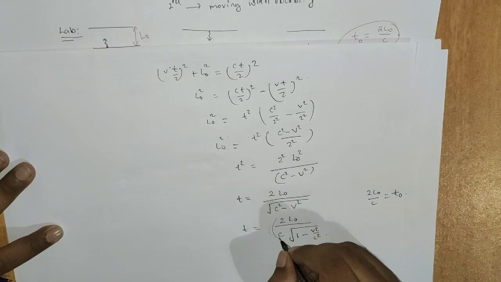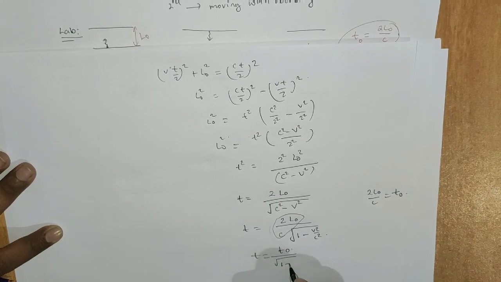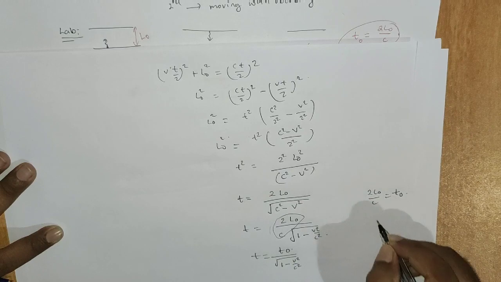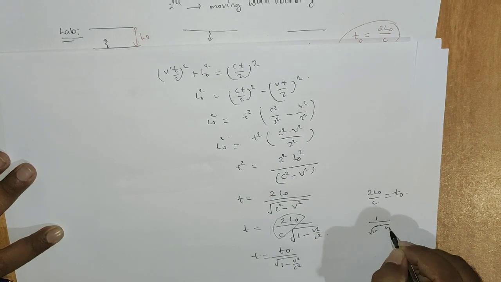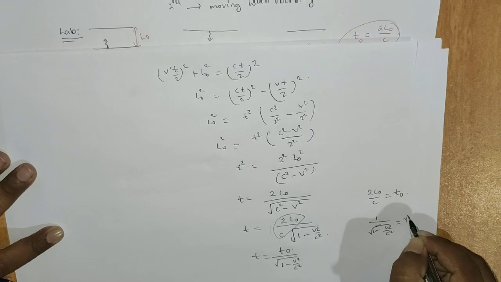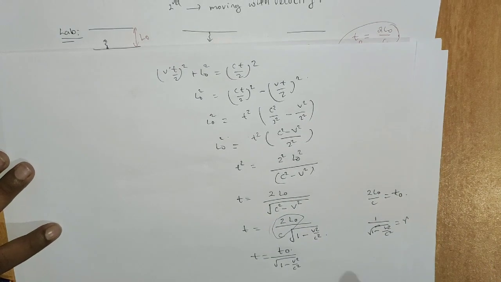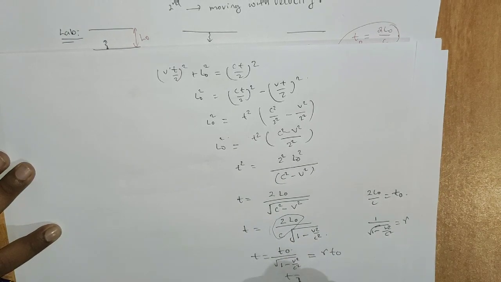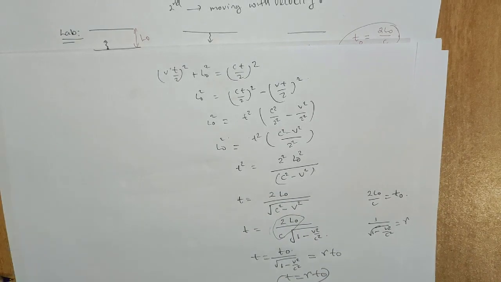So this becomes t naught. So t equals t0 by root of (1 minus v square by c square). What is 1 by root of (1 minus v square by c square)? This is nothing but gamma. Okay, so we write this as t equal to gamma into t0. We got our required equation.